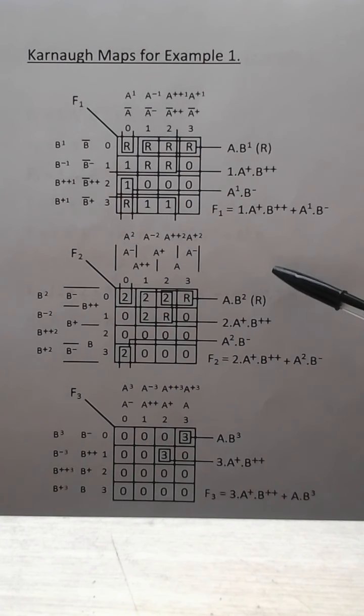For Karnaugh map F2, I haven't looped, I've covered these loops here in F3, but I haven't covered A2 min B minus. So this is A2 here, column, B minus covers 0s and 3s here. Now I've got to make sure it appears in F1, so here it appears here in A1 min B minus instead of A2 min B minus.